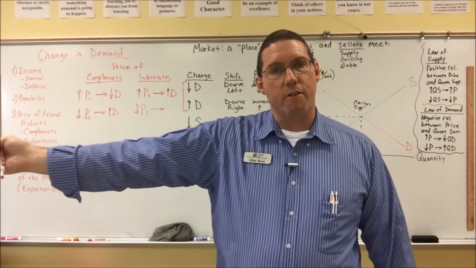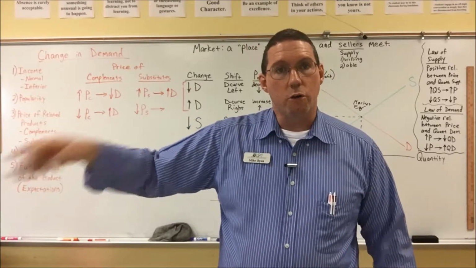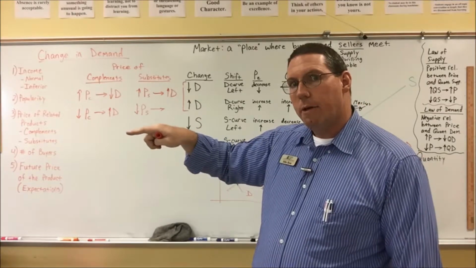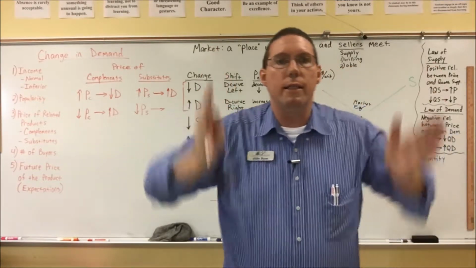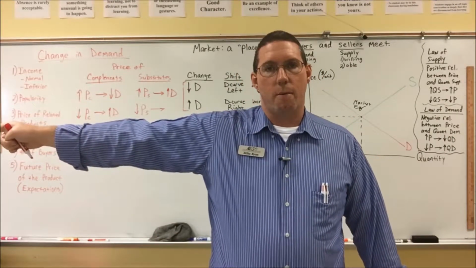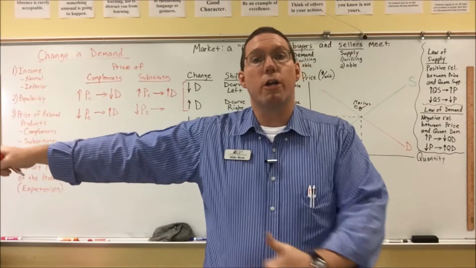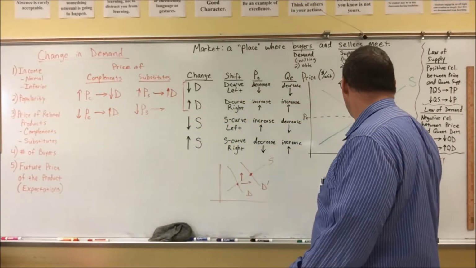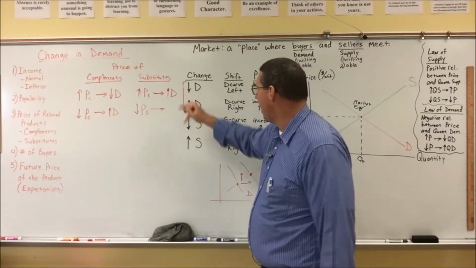And because the price of a substitute good went down, you're looking over at that product saying, I want to move over to that market because their price went down. So you're going to leave this market and you're going to go over to the market for the substitute good. Leaving the market means that demand is going to decrease.